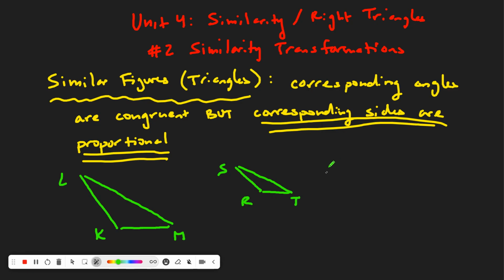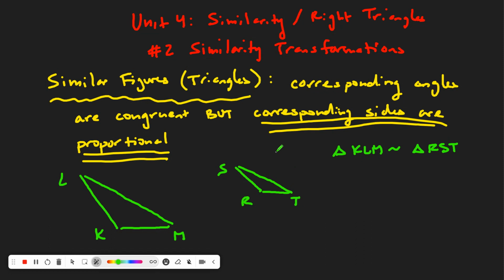If I tell you that these two triangles are similar, I would write a triangle similarity statement. So it's a triangle, and we'll go alphabetical order: KLM is similar. Notice the similar symbol does not have the equal to like the congruent symbol. It's just the top part. So keep that in mind. Triangle KLM is similar to triangle RST.